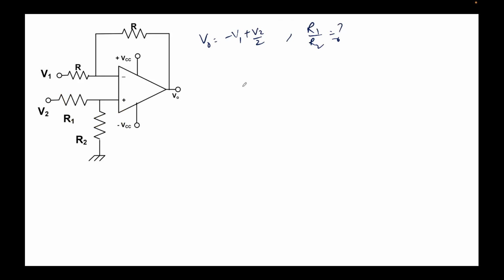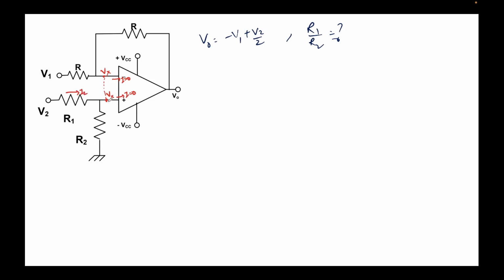As we talked about, there's a virtual short condition, so let's assume that the voltage here is Vx. Naturally, the voltage here will also be Vx. Now as no current is flowing into the op-amp, let's assume a current I2 is flowing here.